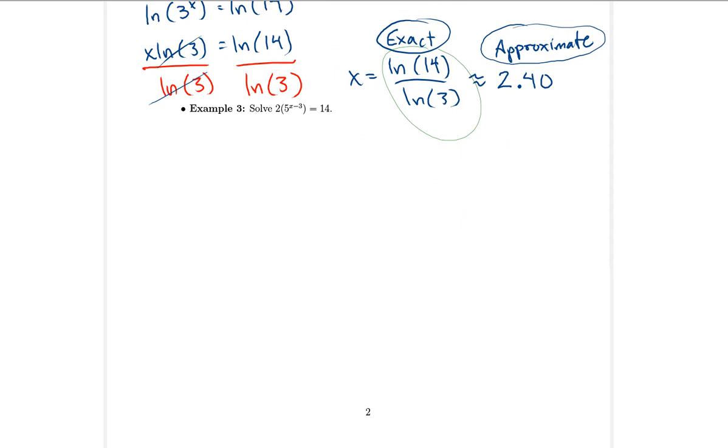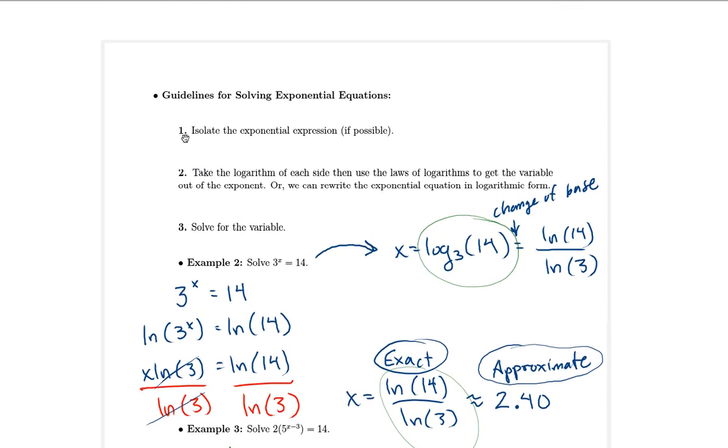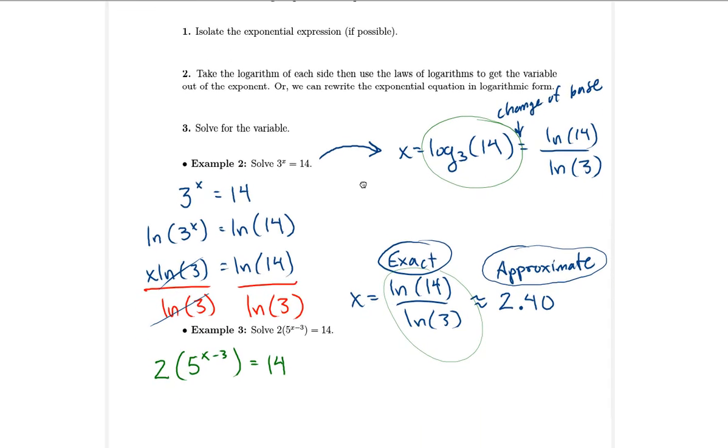All right, let's do another one here. So here we have 2 times 5 to the x minus 3 is equal to 14. I look at this, I might be tempted to immediately take the log of both sides, but let's remember, number one is isolate the exponential expression if possible.